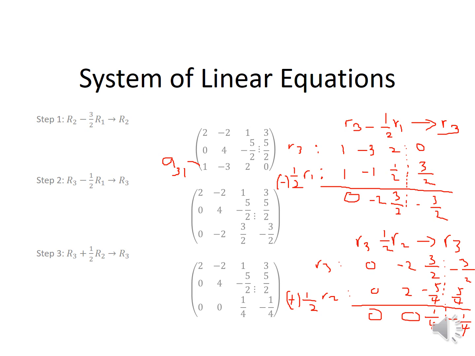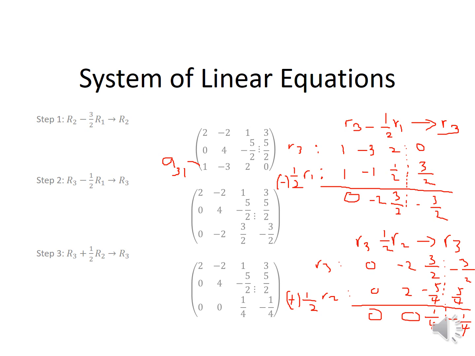From this row echelon form, we get the z value first, and then y, then last one is the x value. So we start from the last row. You know that the coefficient here is for x variable, this coefficient 0 is for y variable, and the coefficient here, 1 over 4, is for the z variable.